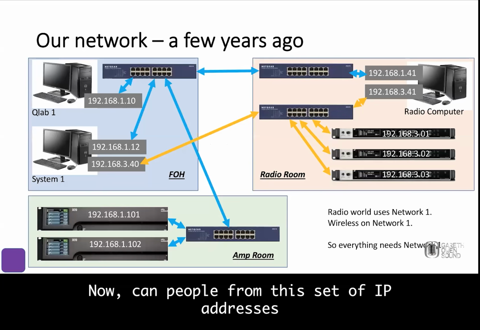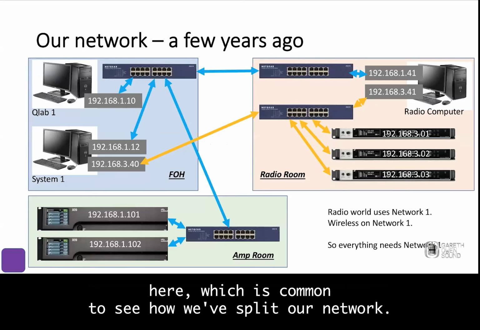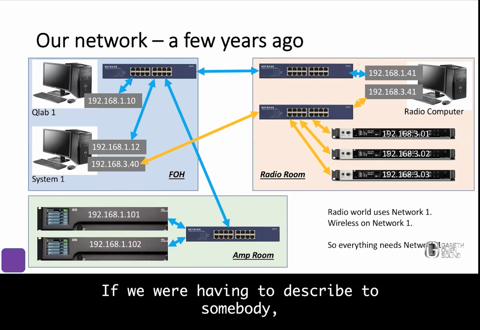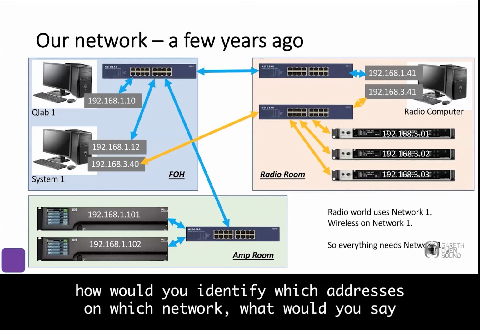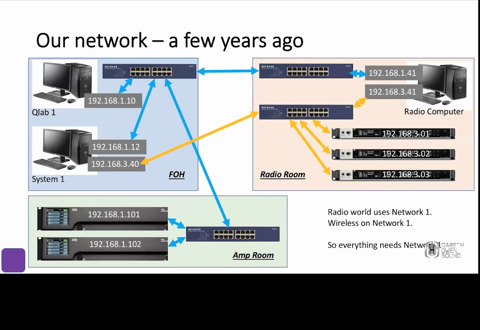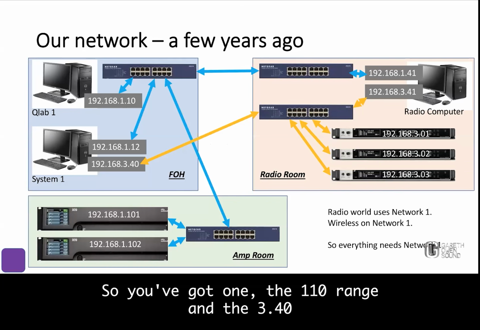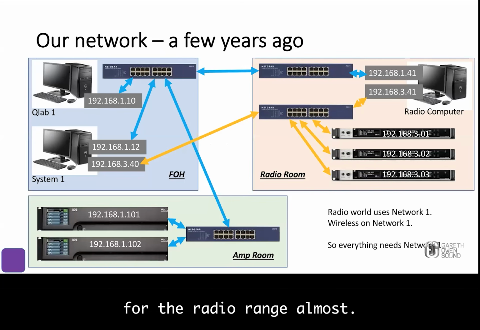Now, can people from this set of IP addresses here, which is common to us, see how we've split our network? If we were having to describe to somebody, how would you identify which address is on which network? What would you say? Last two sets of digits. Two sets? So you've got the 1.10 range and the 3.40 for the radio range.